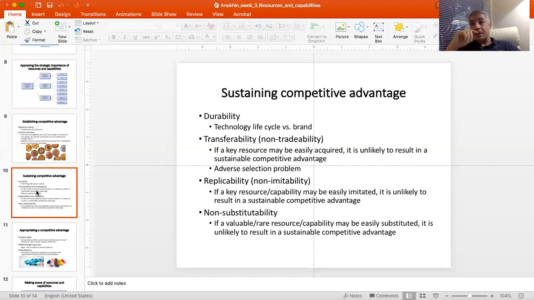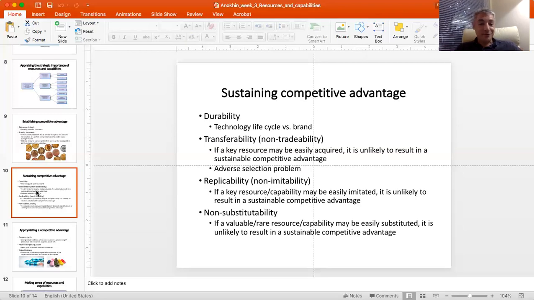So once you have the resources that are valuable and rare, you have competitive advantage. Once you have the resources, if those same resources are also durable, non-tradable, non-imitable, and non-substitutable, then your competitive advantage will be sustained, right? So no one will be able to take it away from you.